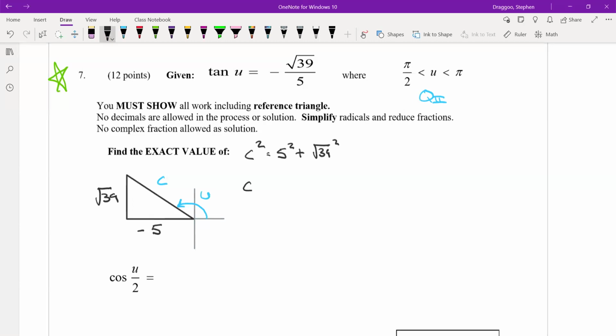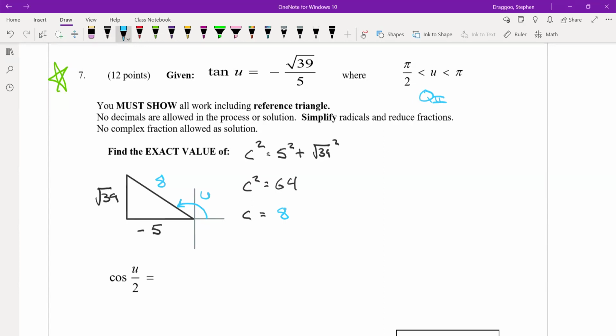That's going to look like 25 plus 39. Pretty sure that's 64. Meaning c itself is going to have to be the square root of 64, which is 8. Come over and fill that in. My hypotenuse is 8. Notice I didn't bother with a plus or minus this time.